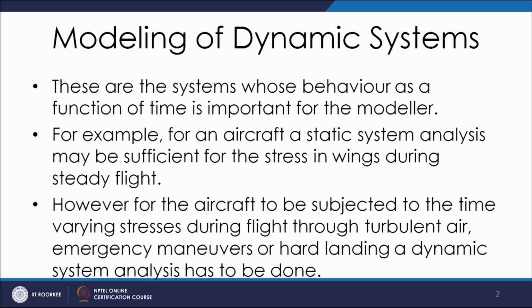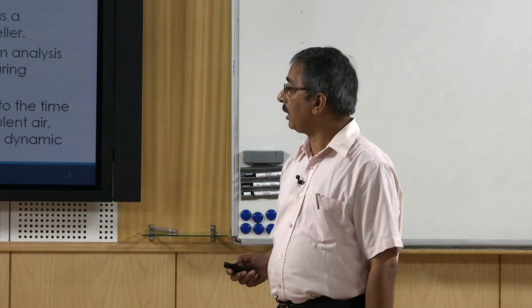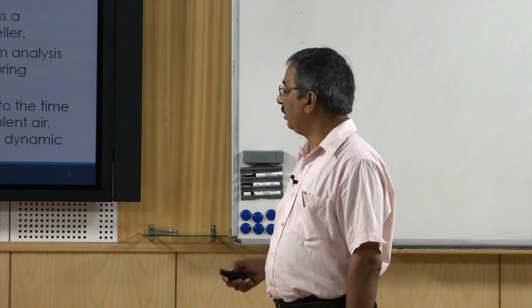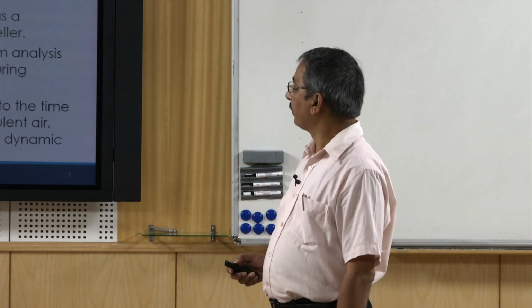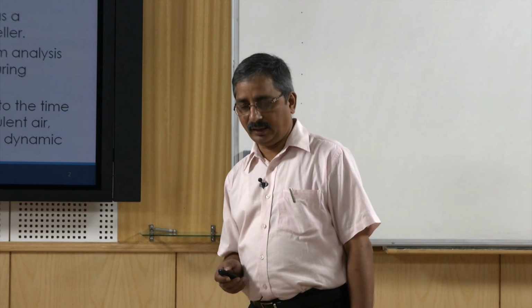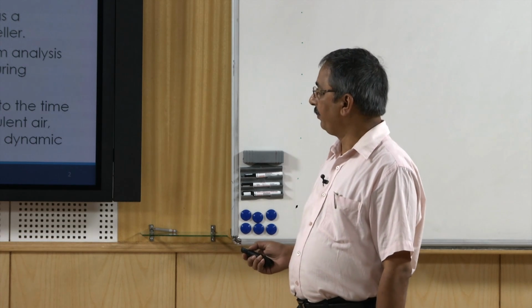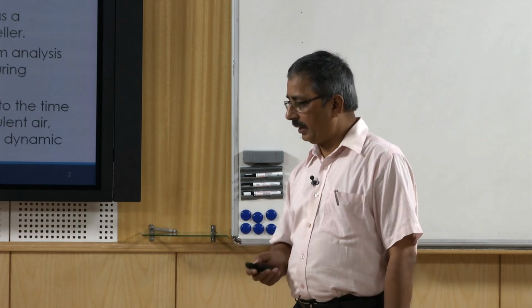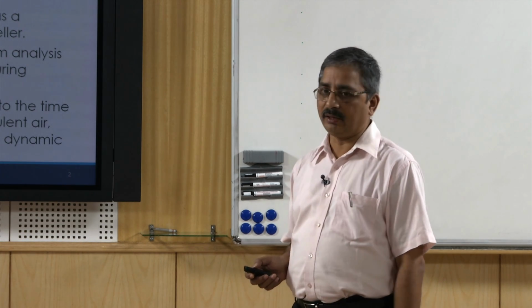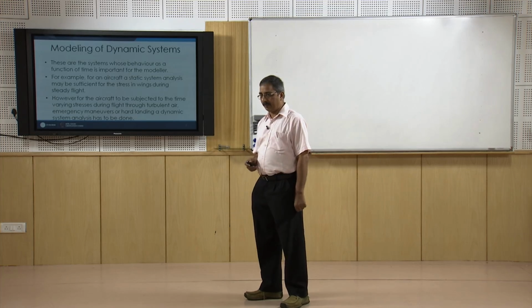We can take some examples of dynamic systems, say a moving car or a moving aircraft. If I take the example of an aircraft, there could be analysis based on the static one or on the dynamic one.